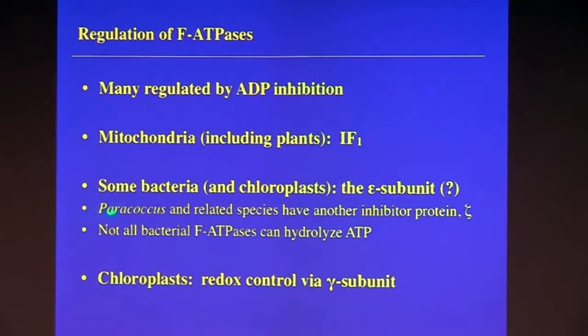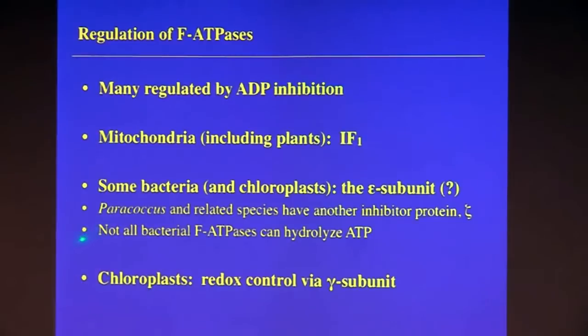And very recently it's been realized by Mexican workers that in some bacteria, exemplified by Paracoccus, there is actually an inhibitor protein, given a Greek letter, but it's not related to the mitochondrial inhibitor protein. Not much is known about this.